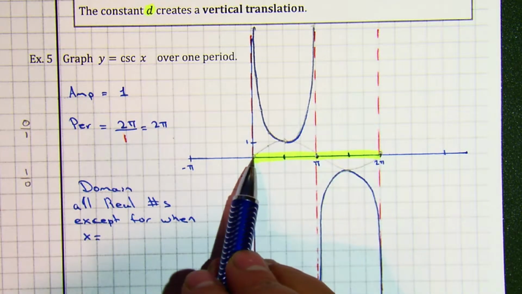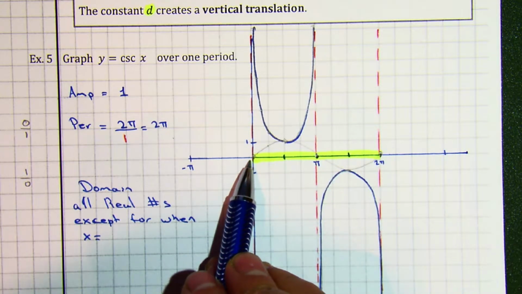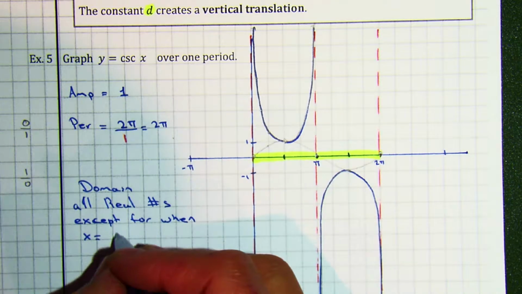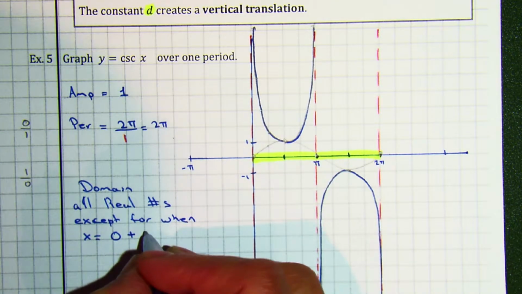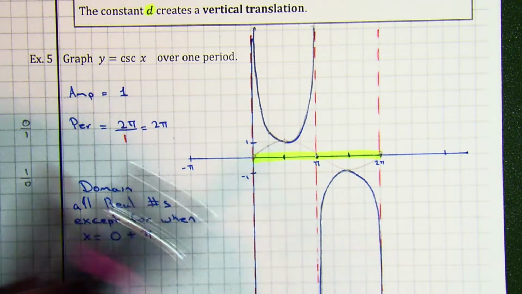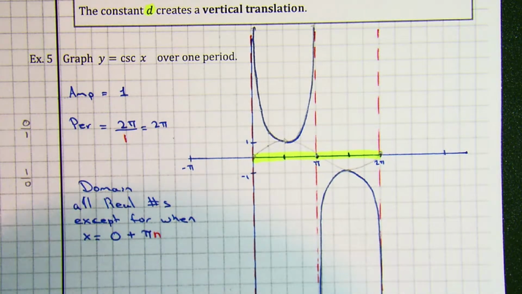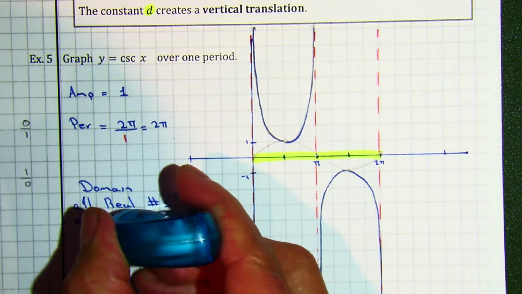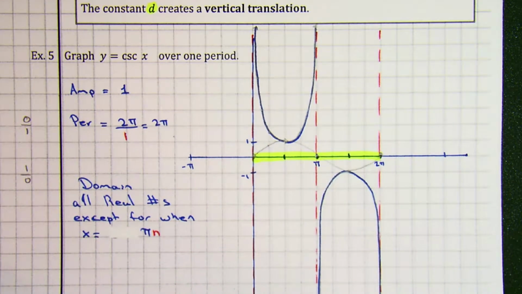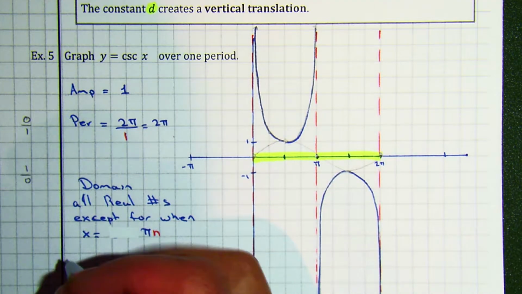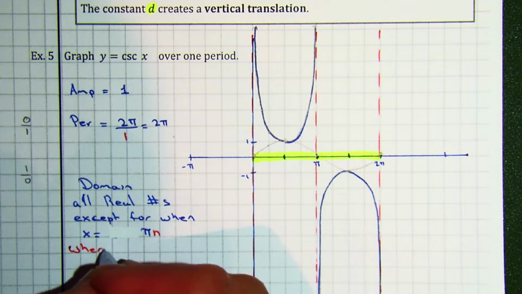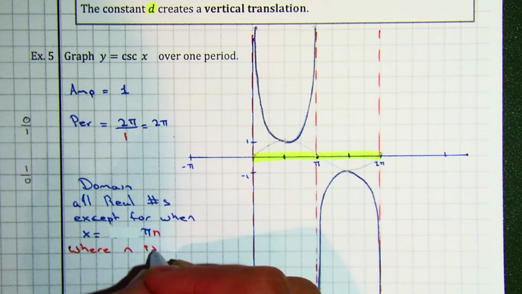I must select one of the asymptotes, which is 0, plus how often do they repeat? Pi n. And remember that whenever we have a 0, we actually don't need it. Most of the time you will just see pi n, where n is any integer.